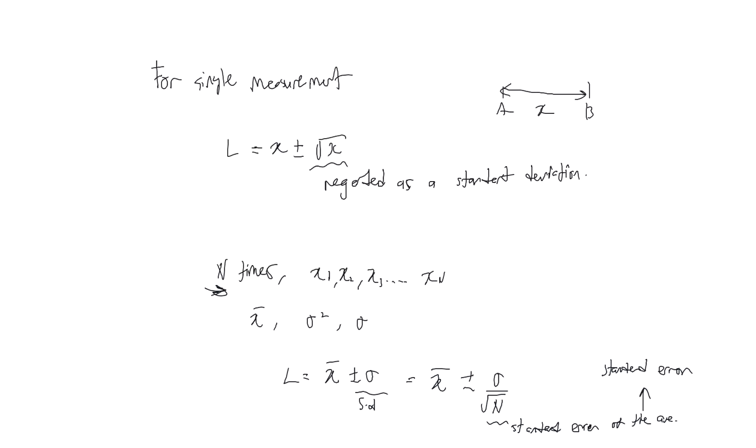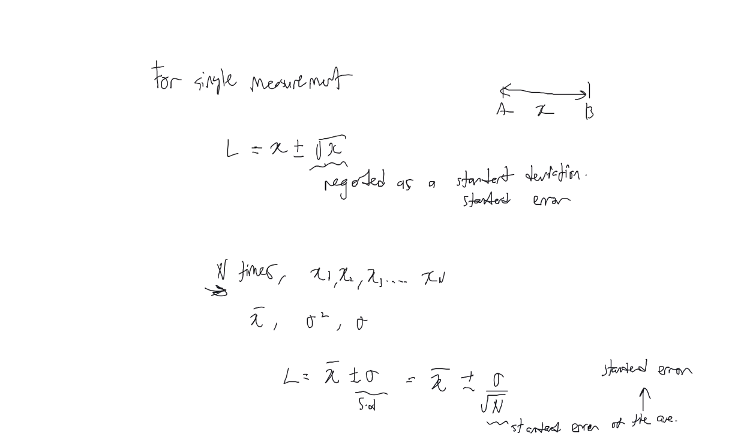For the earlier example, this one is regarded as the standard deviation as well as the standard error. So in a single measurement, what is the standard deviation or the standard error? That is the square root of the value you get in your measurement.